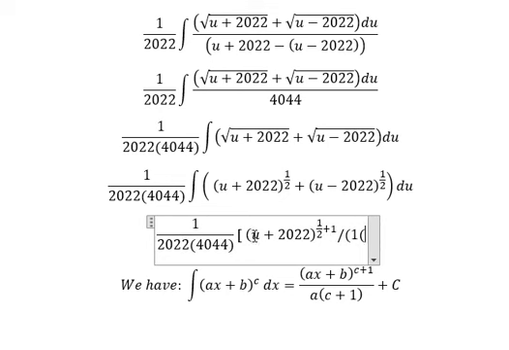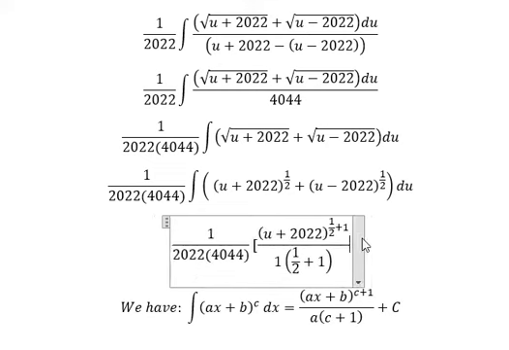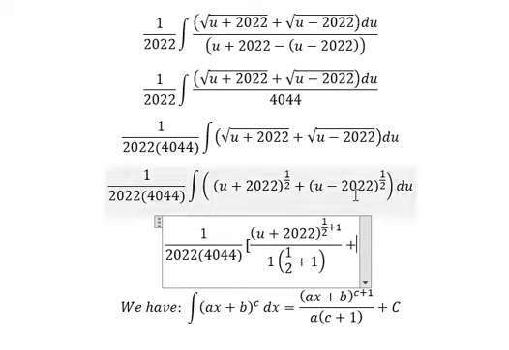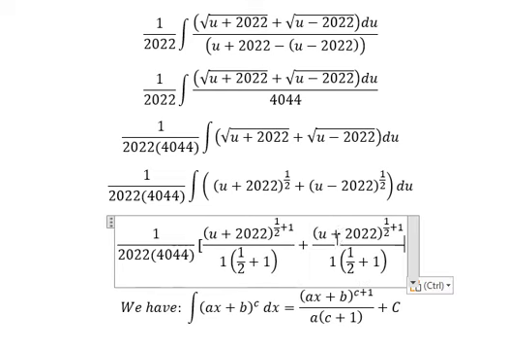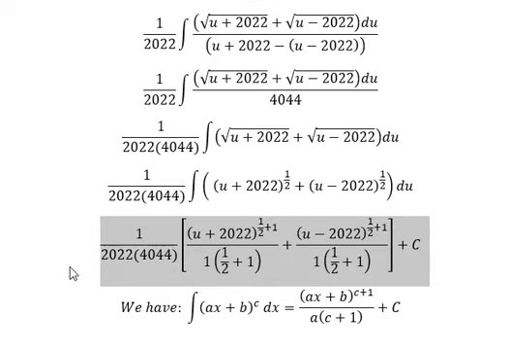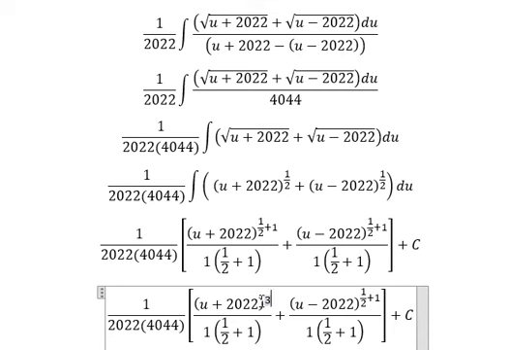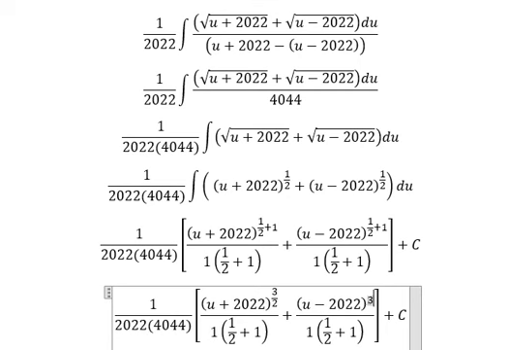The coefficient of u is number 1. This is why we have number 1 in here. So this one we have 3 over 2, and this one we have 3 over 2.